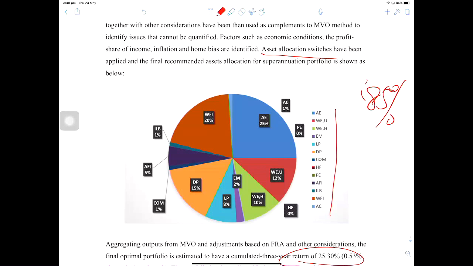So you really have to be very careful of identifying like this. So Australian cash 1%. Is this 1%? So presenting a portfolio composition in a pie chart of 13 asset classes is obviously not the best choice.